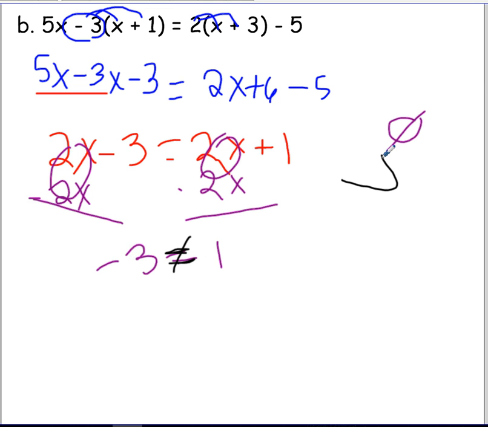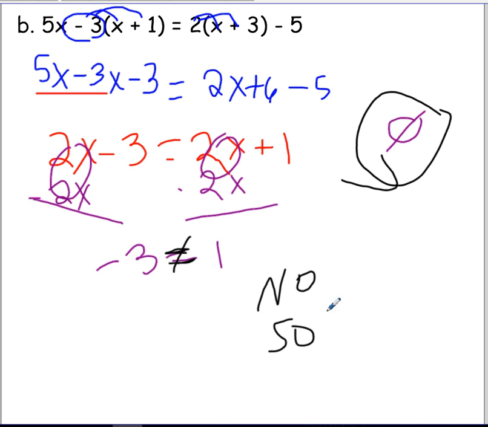So our answer is no solution. Just trying to circle that. So no solution. So again, you can just use that symbol instead of writing the words. So those are examples of when you would get all solutions or no solutions for your answer.